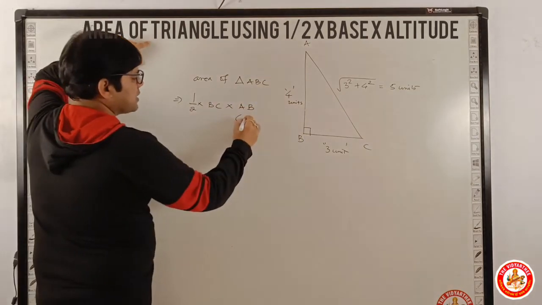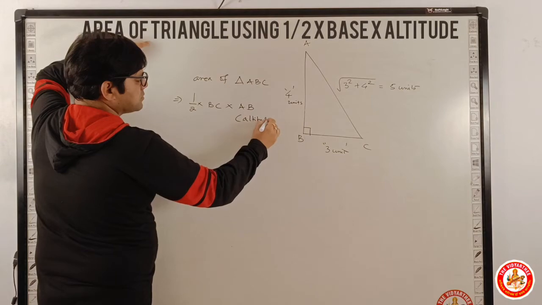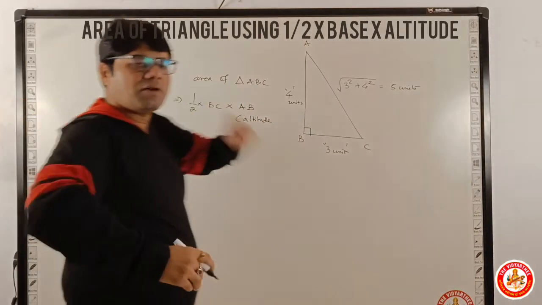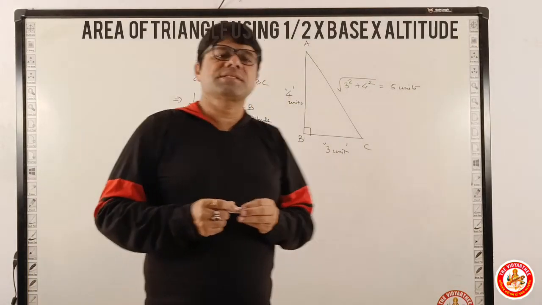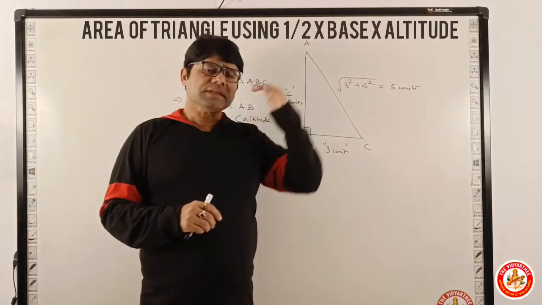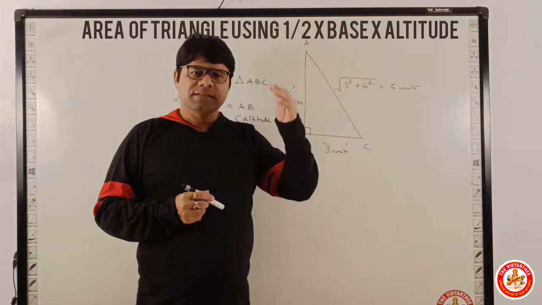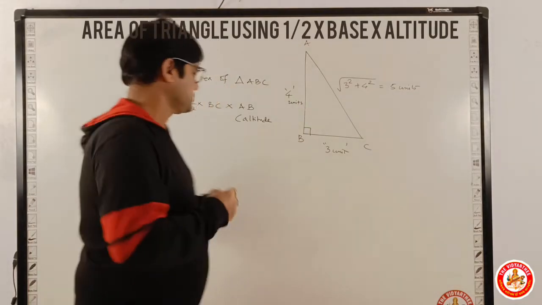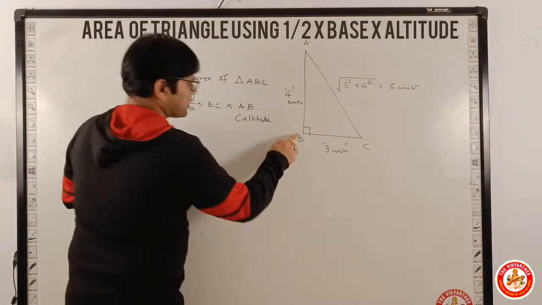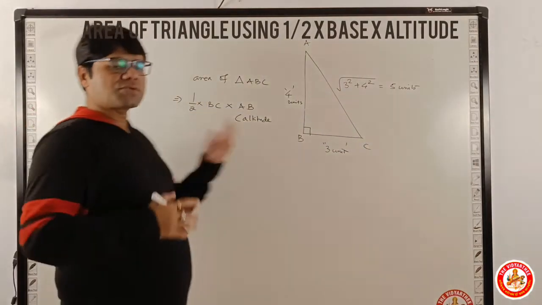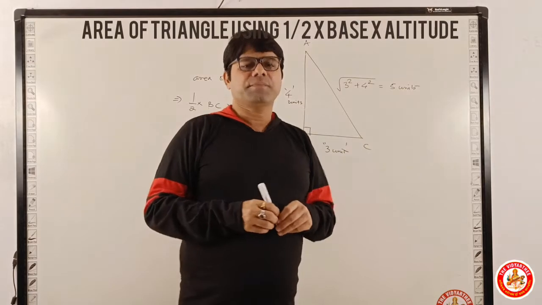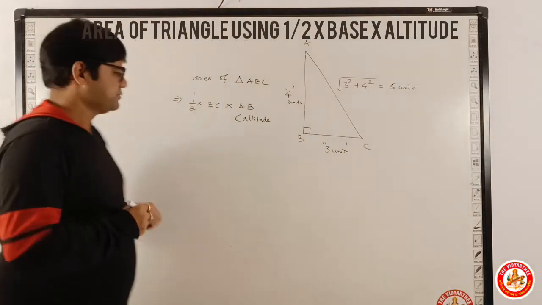Now the height is actually the altitude, that is the measurement of the shortest distance from the uppermost vertex from the base of the triangle. Now this is the base of the triangle, the shortest distance is AB and the longest is AC. And the longest one is also called the hypotenuse if it is a right angle triangle.